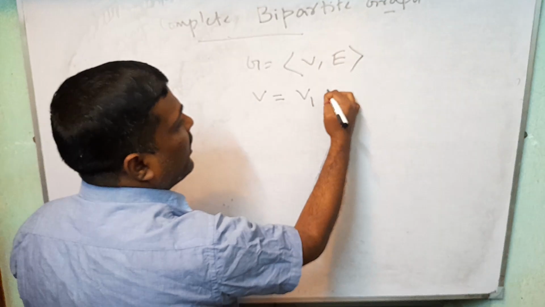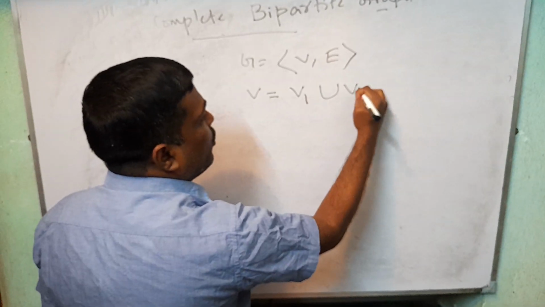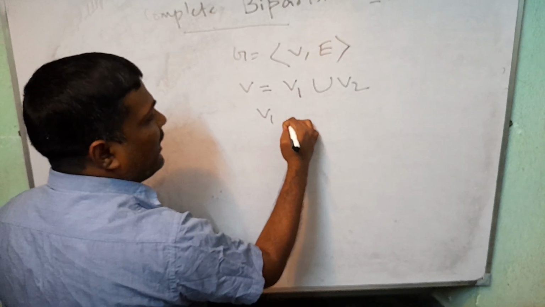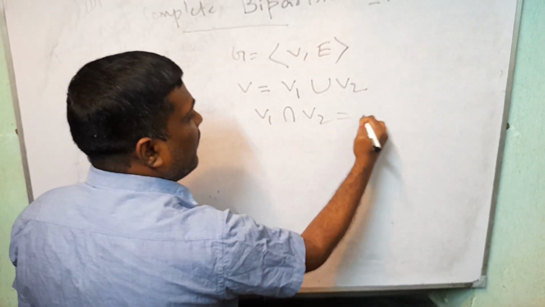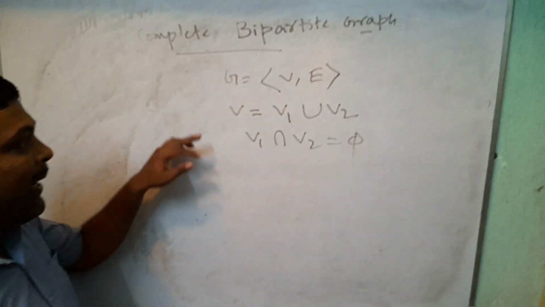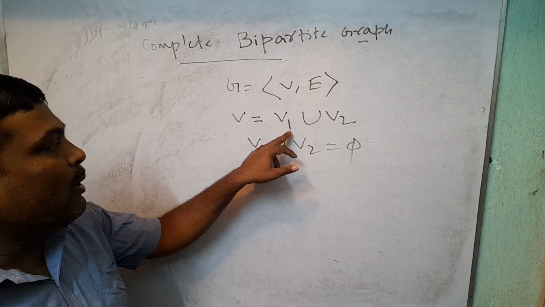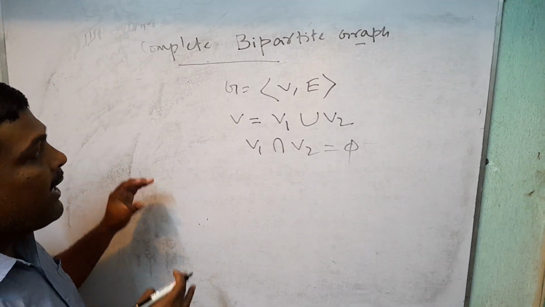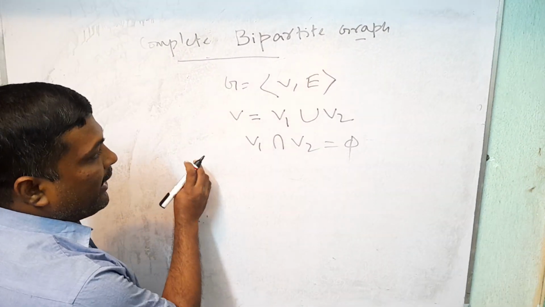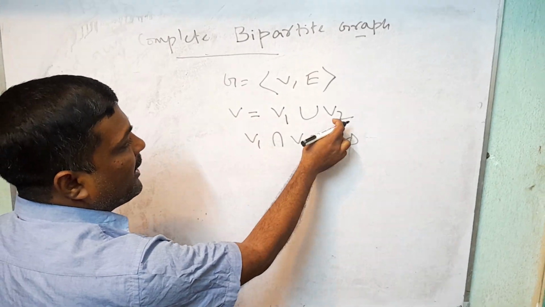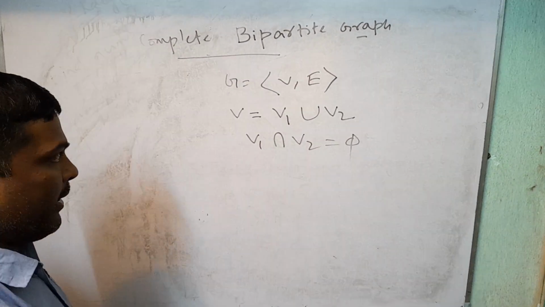So V is the union of V1 and V2, and V1 intersection V2 is the null set. Every edge of G has one end vertex from V1 and another end vertex from V2. This is a bipartite graph.